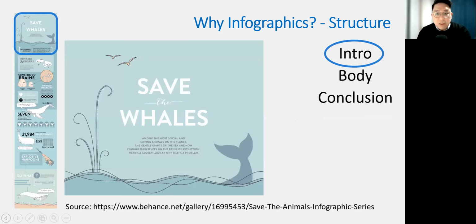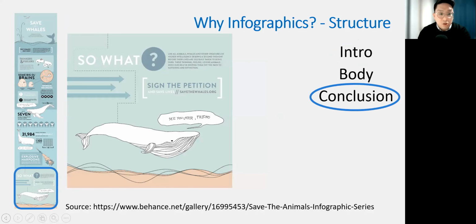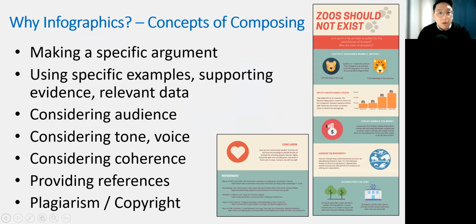There are several reasons why I chose to use infographics as the multimodal composition. One reason is that the format and organization of an infographic can be very similar to an academic essay, with an intro, a body, and a conclusion. Another reason is that by using infographics, we can also teach the typical concepts of composing that we want.